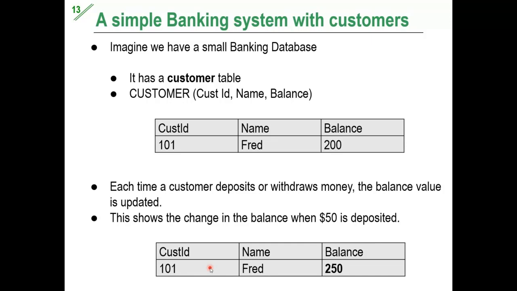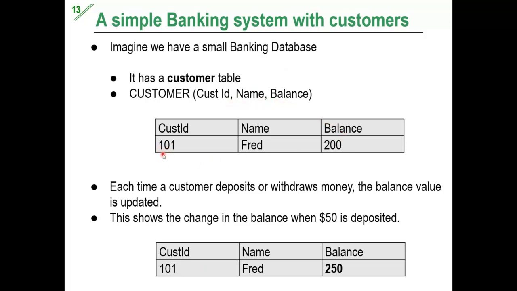Very simple example. I will use a simple example. Imagine that we have a small bank, so we are going to develop a small banking database. In that banking database, we have one table called the customer table. The customer table has three columns: customer ID, name, and balance.